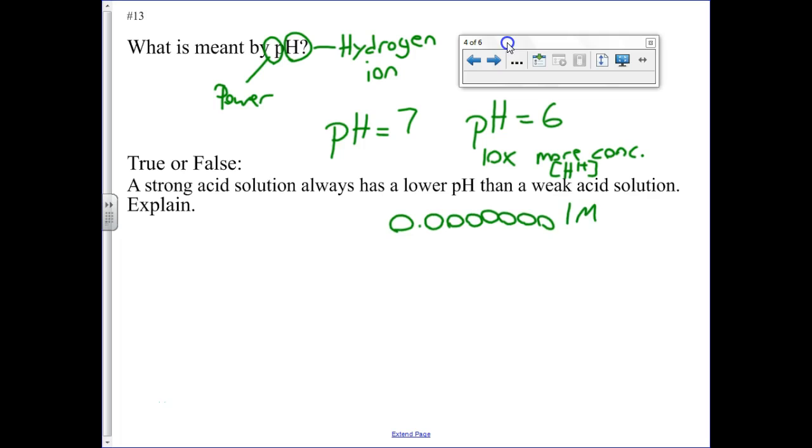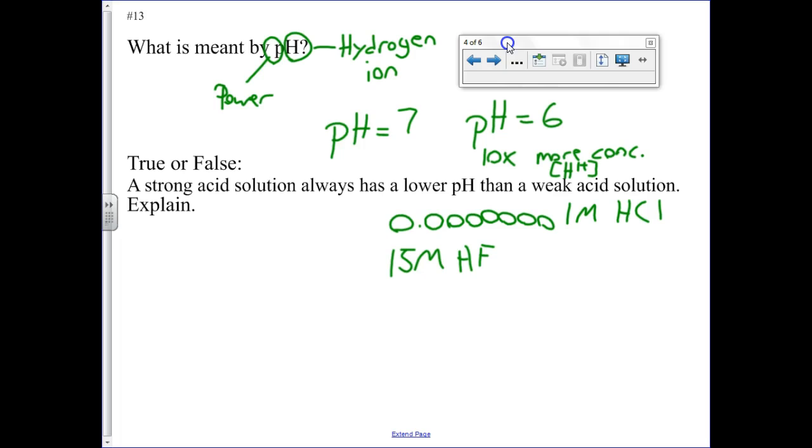0.000000001 molar HCl. And I could have 15 molar hydrofluoric acid. HCl is strong, hydrofluoric acid is weak. But my HCl is highly dilute, and my hydrofluoric acid is highly concentrated.